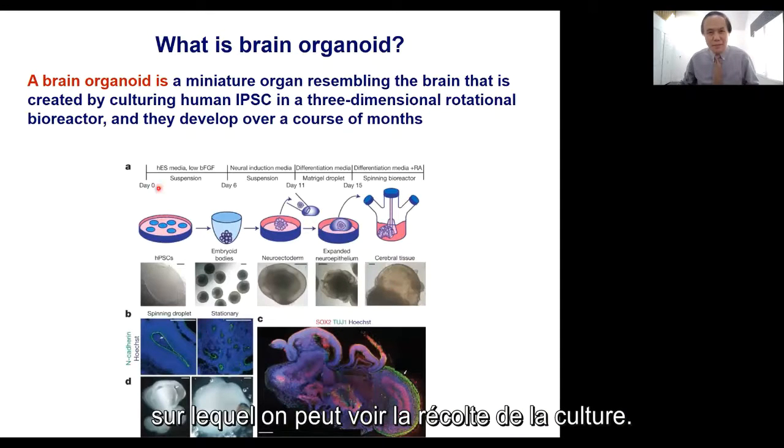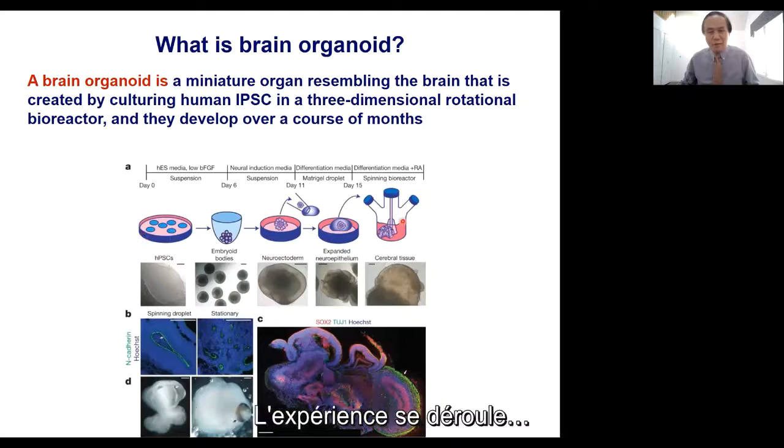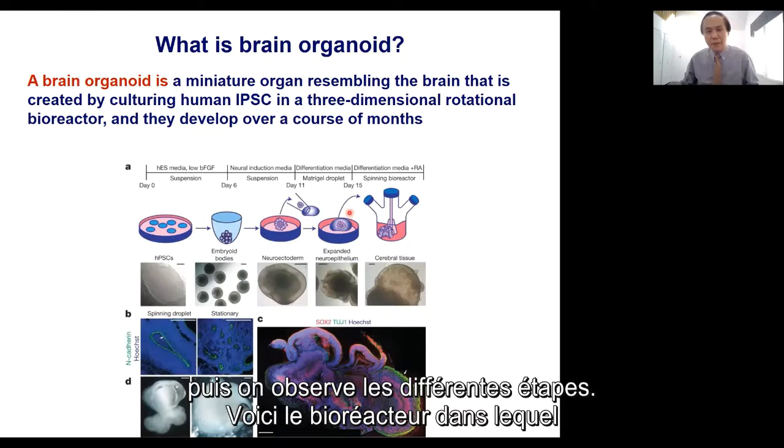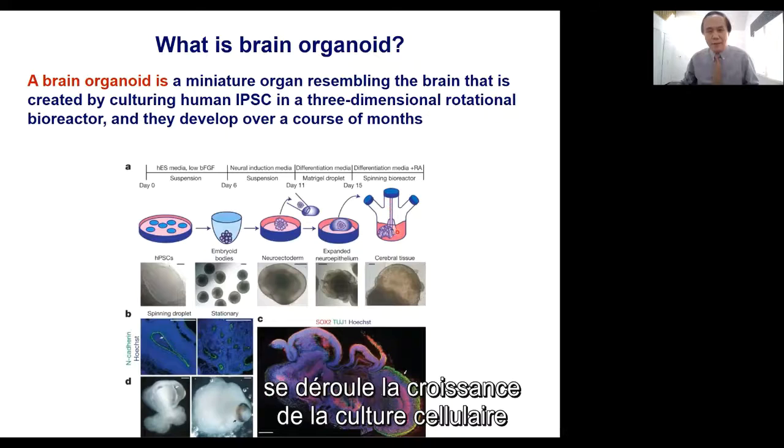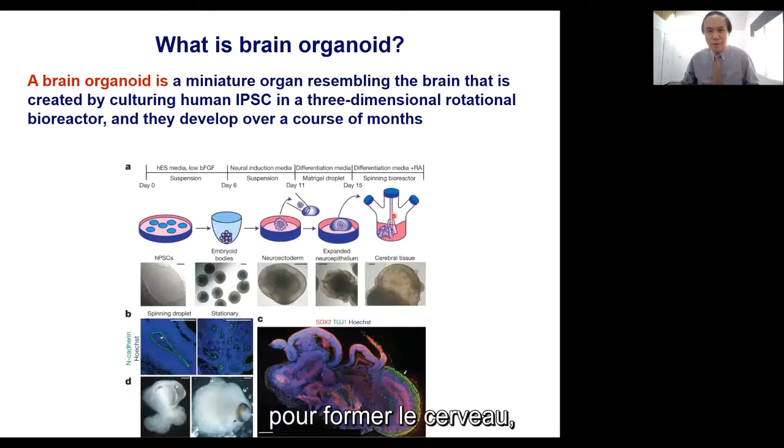which you can see. This is a cartoon of how this experiment works. So you start with the iPSC cell, and then go through multiple steps. This is a bioreactor. So then the culture of this cell becomes a brain, a three-dimensional structure, which shows you here.